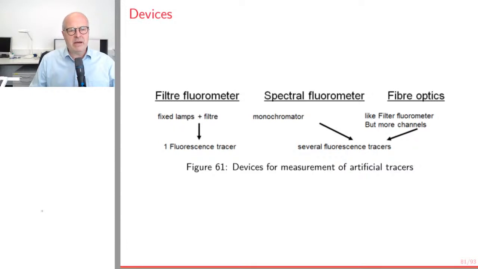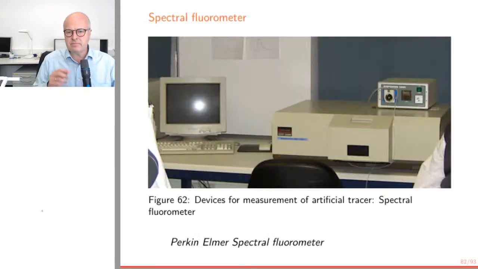You can actually combine this with a fiber optic cable to actually measure at an identified point, and these cables can be up to 600 meters long and give you the possibility to measure down in a mine or in a very deep borehole, so to actually get the light down there and bring it up there through fiber optic cables.